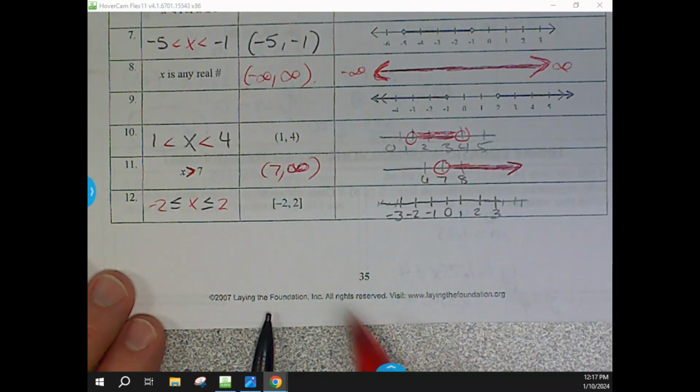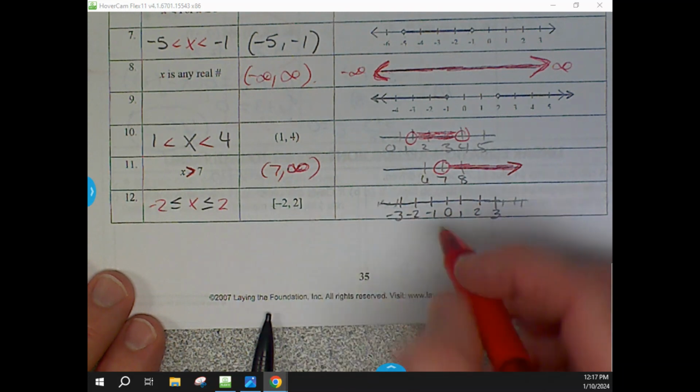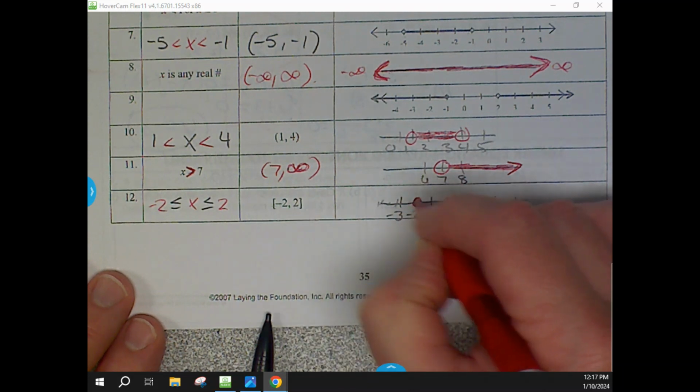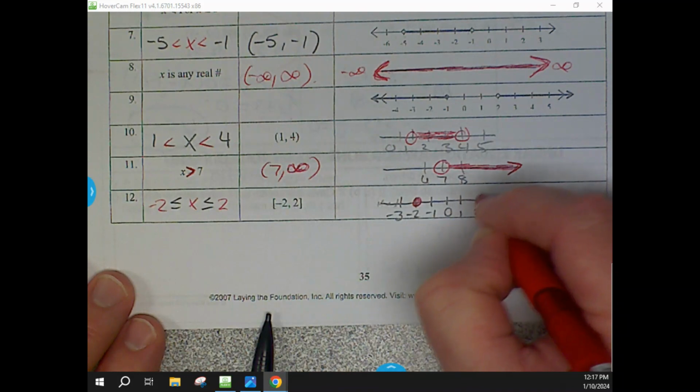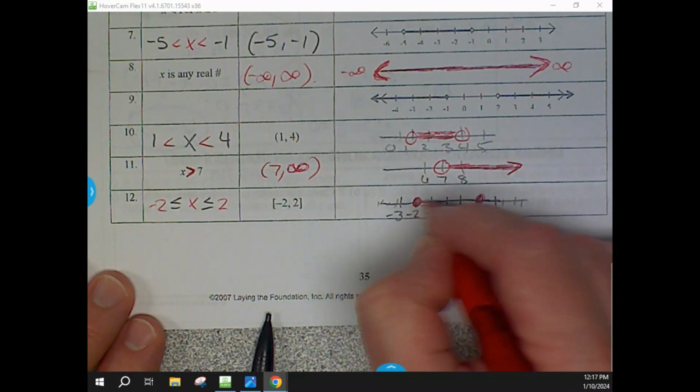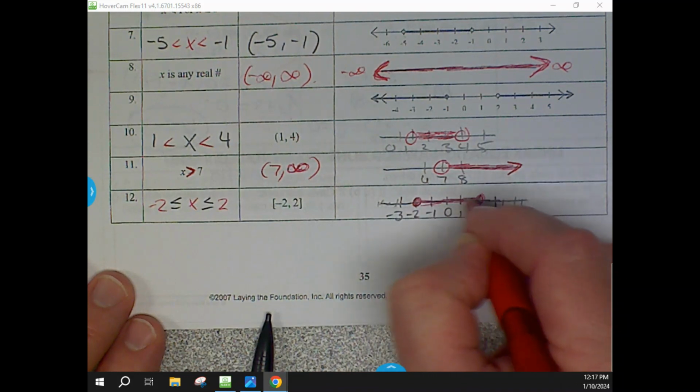So for this one, negative 2, again, square bracket, which means it's a solid circle. Positive 2, also a solid circle. And that should just be everything in between.